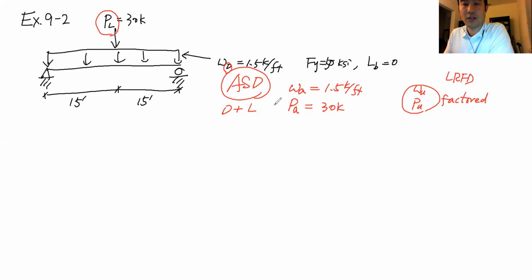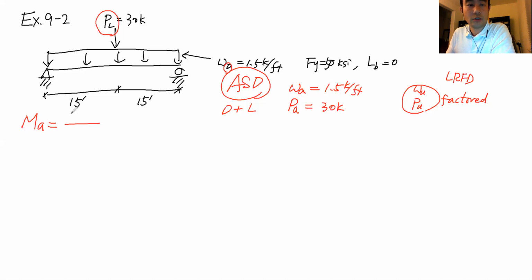What I'm going to do is find the moment due to these two different loadings. The first one is due to the uniform distributed load. The other one, Pa, is the concentrated force. So the maximum moment, which is going to be Ma in this case, I'm going to write down here. First we calculate using the distributed load, which is wL squared over 8.